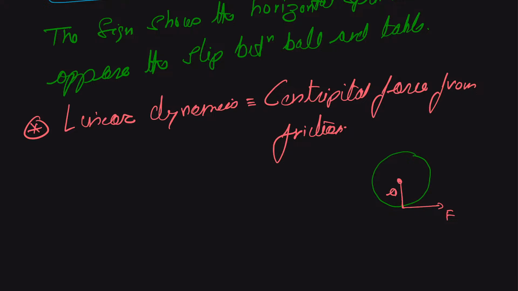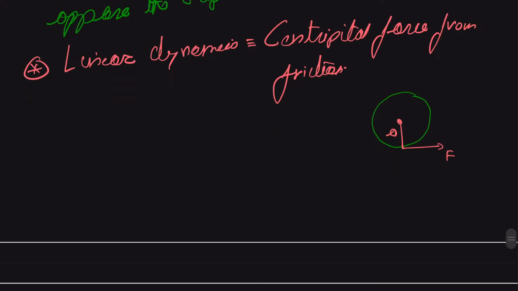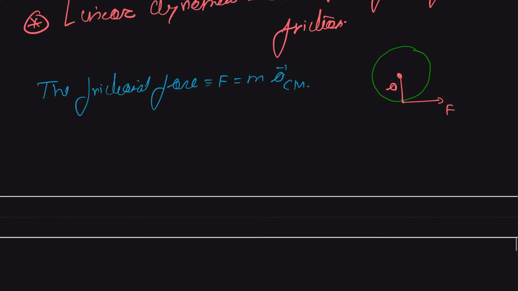And therefore we can write that our frictional force F will be equal to m and acceleration of our center of mass, and we can write in terms of our omega, so we can say that our F will be equal to minus m omega square r, and we have this as our r unit vector.